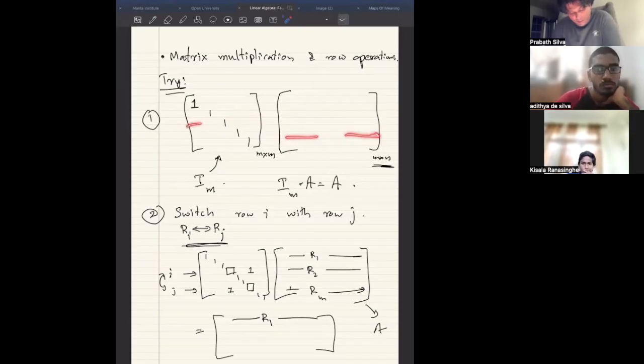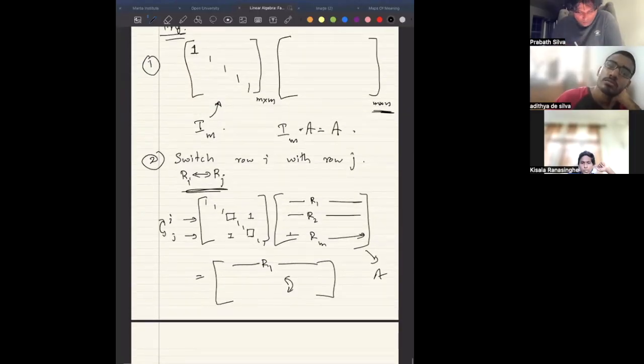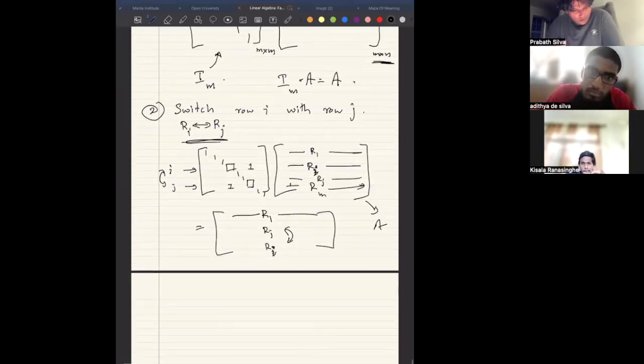So you're going to multiply things in there. What you get is row i and row j switched. So you get row j here and row i here.